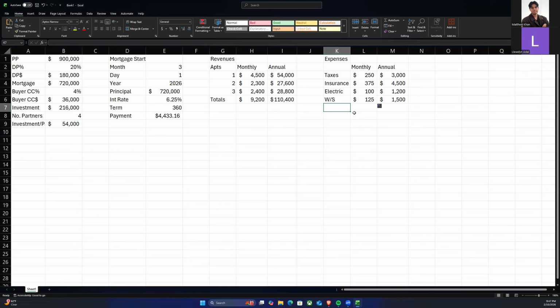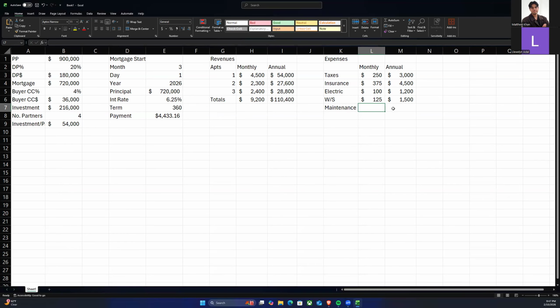The older the building, the more it costs, right? But when we bought the building, we renovated the whole thing, so we don't have much of a cost for the maintenance, right? But you could put maintenance here. Roughly, I would say it's about 3,000 a year. It is an older building, but it's not that old. So $250 per month is probably good enough for the maintenance.